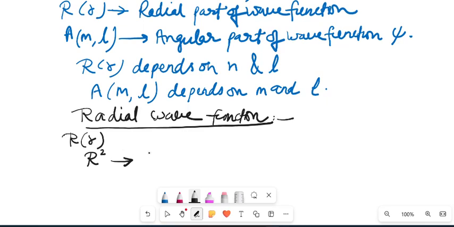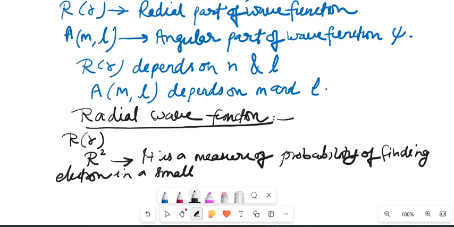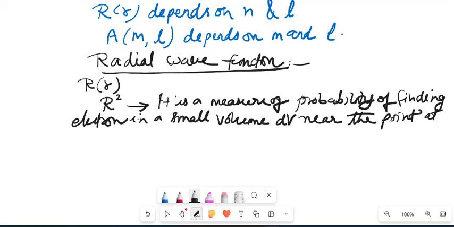It is a measure of the probability of finding the electron in a small volume near the point at which r is considered.